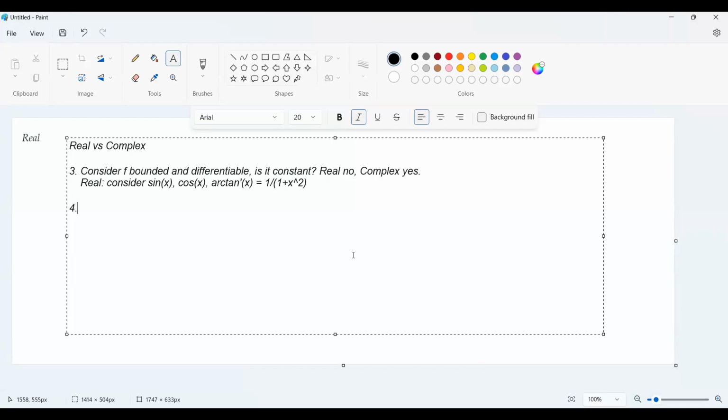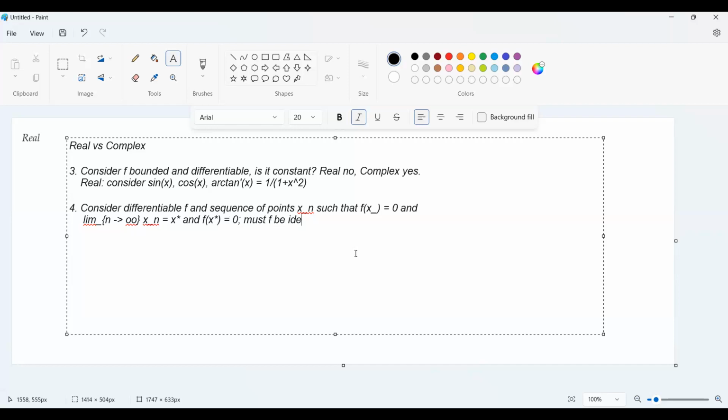And here's the last one I wanted to mention, and we will prove all these results. Consider a differentiable f and a sequence of points xn such that f of xn equals 0, and the limit as n goes to infinity of xn equals, let's call it, x star, and f of x star equals 0.